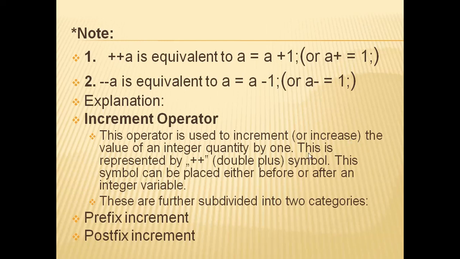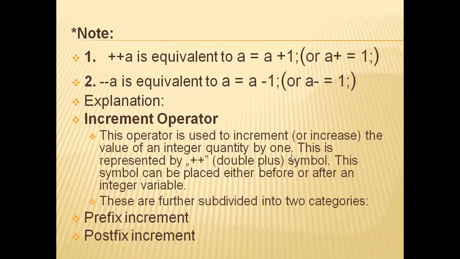Okay, and let me discuss the increment operator. This operator is used to increase the value of an integer variable by 1. It increments the variable value by 1, and this is represented by plus plus.